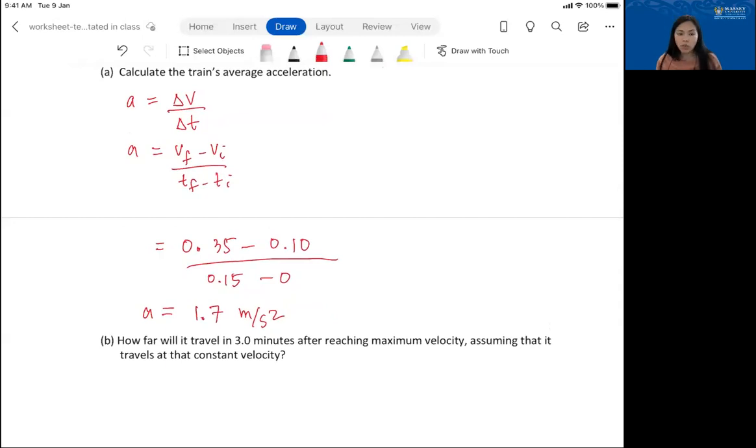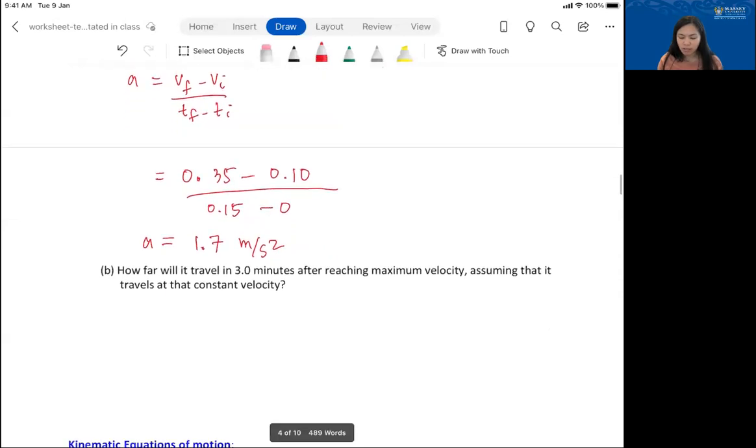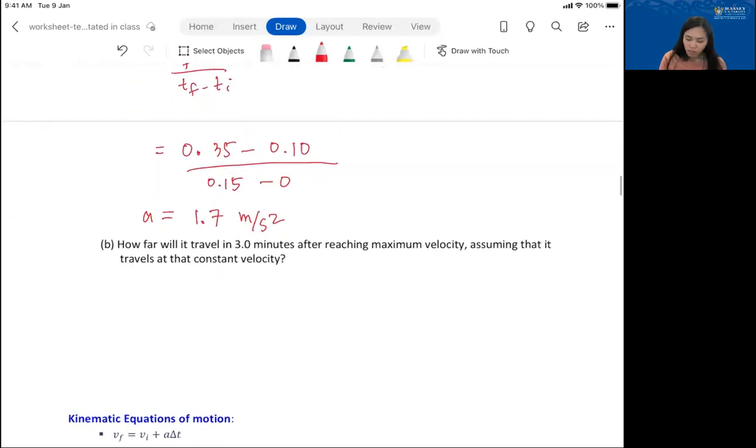Okay, next question, how far will the train travel in 3 minutes after reaching maximum velocity, assuming that it travels at constant velocity? So here, the time is given, 3 minutes. If you convert that to seconds, you have to multiply by 60 because 1 minute is 60 seconds.